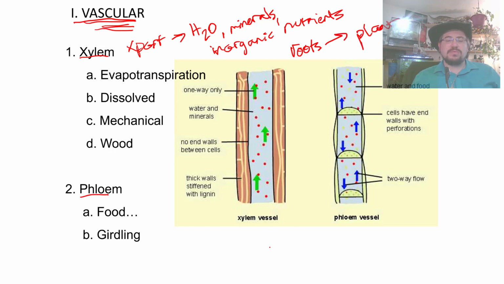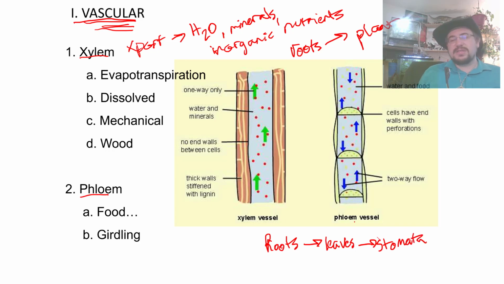And if you trace vascular tissue, you're going to trace it from the roots to the leaves, and in those leaves to the stomata. So the vascular tissue, starting at the roots, connects up to the stomata of the leaves and allows for evapotranspiration.